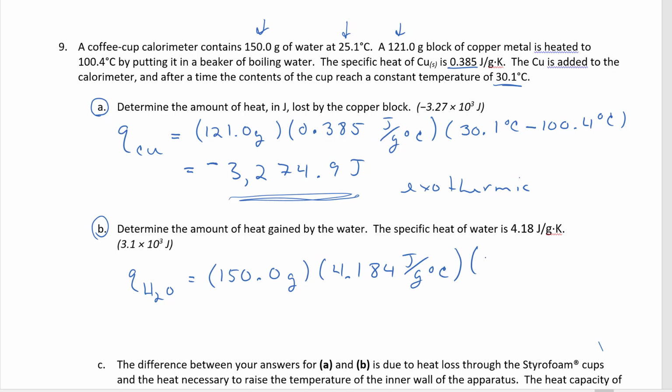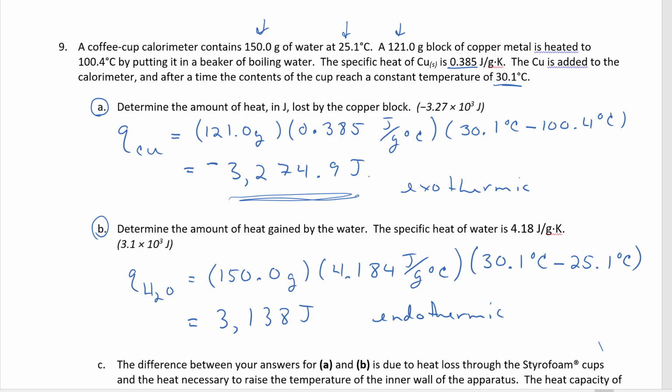And then my change in temperature is going to be the final, which is 30.1 degrees Celsius, the same temperature as the final for copper, minus the initial, which is 25.1 degrees Celsius. Now I get the heat gained by the water as being 3,138 joules. And that's positive because the water is accepting that heat. Now I'm going to write endothermic.